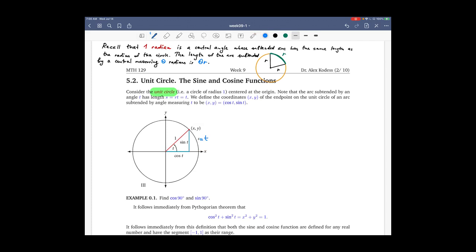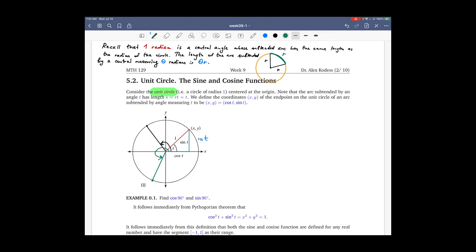For example, if I choose this point, I could take this angle, if I were to take that point, I could take that angle, and so on.